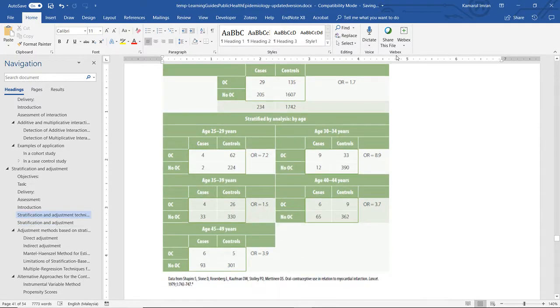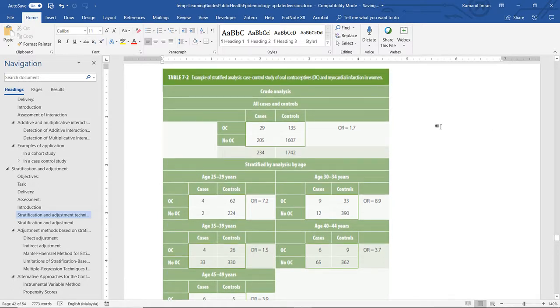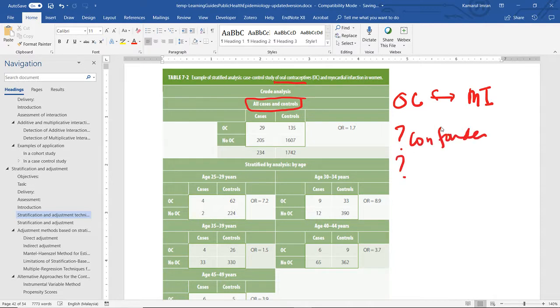So now in table 7.2, in this example, oral contraceptive use in association with MI among women. Again, do the analysis for the whole sample, and then think about what the confounder is. It could be age as the confounder.